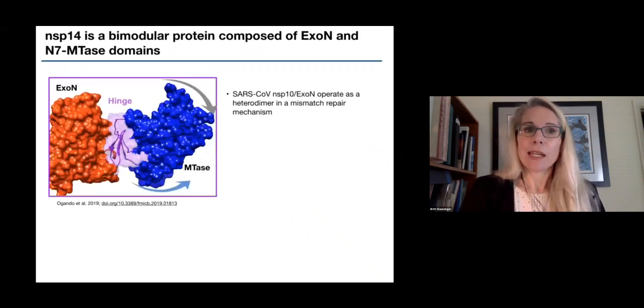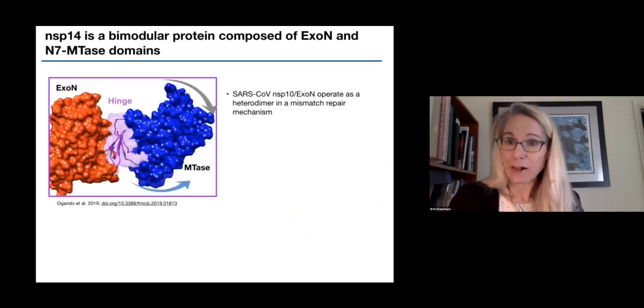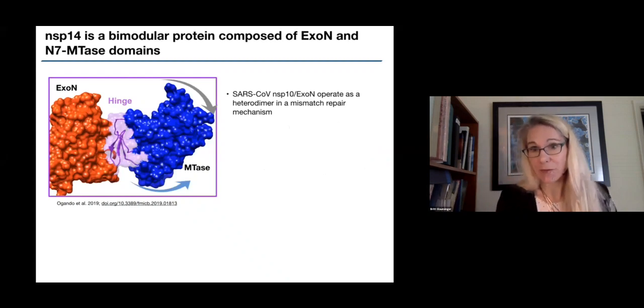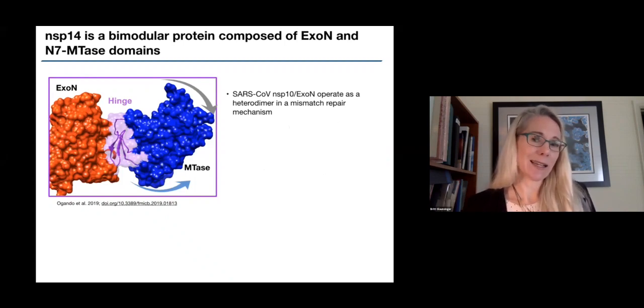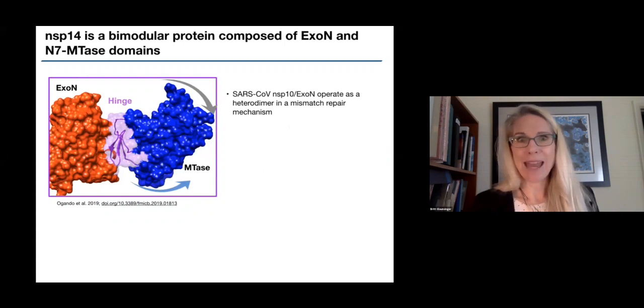Okay. So the ExoN activity is present in this viral protein, NSP14, which I told you has multiple functions. This is not uncharacteristic of viruses. Viral proteins are classic for their ability to do many things with just one protein. It's a bimodular protein that's got two domains.